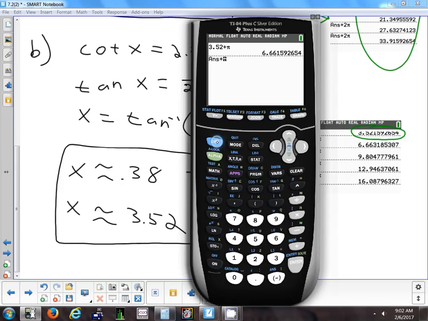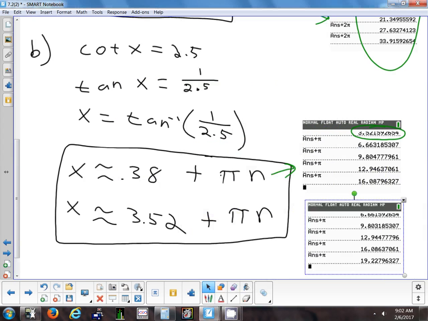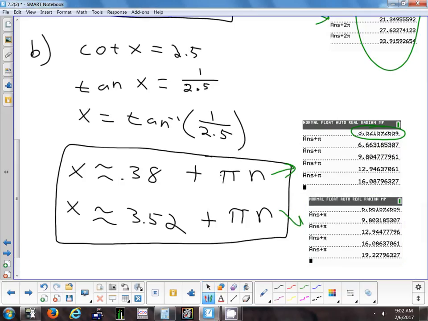So what does that mean about these two equations? What does that mean?